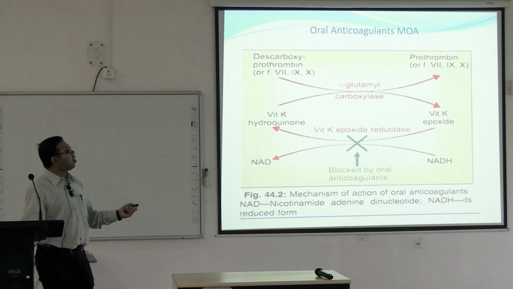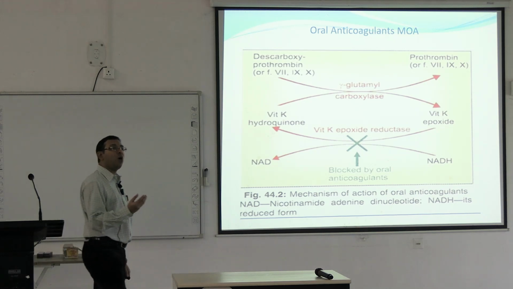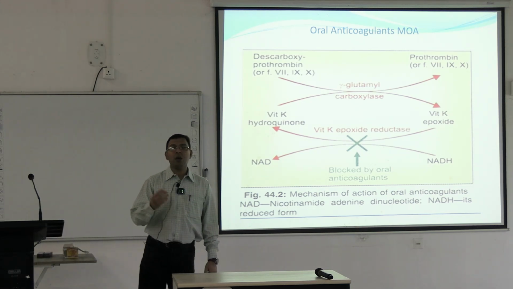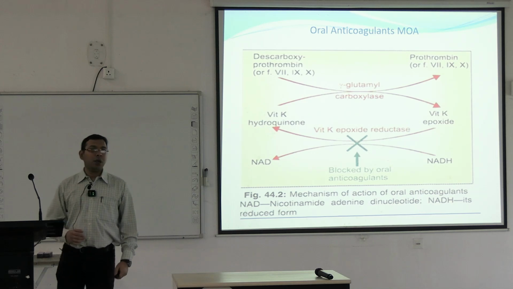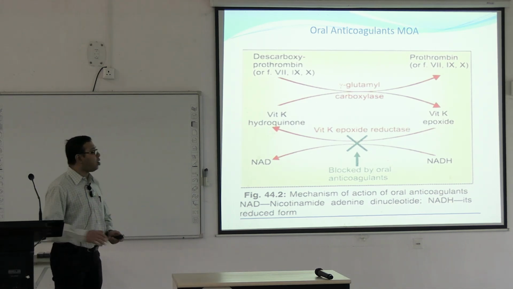That is the factor 2, 7, 9, 10. So you can see this cycle is needed for the conversion of the inactive moiety of these coagulation factors to the active moieties. Inactive moiety is the descarboxy forms, and these are the active moiety.